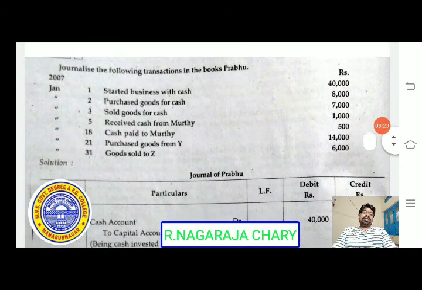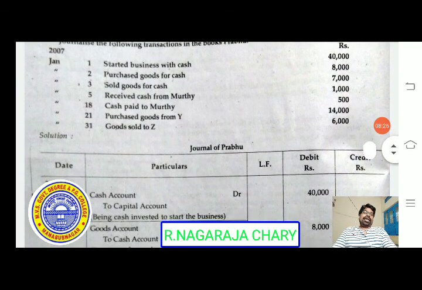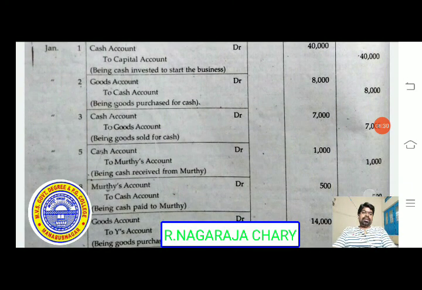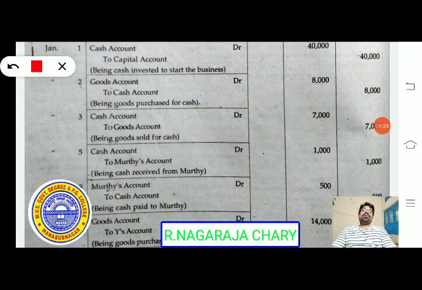So, let us see the second one, purchased goods for cash, that is 8,000. When we are purchasing goods, goods are coming inside, at the same time cash is going outside. So, according to nominal account, here both the aspects may be the same account or different accounts.